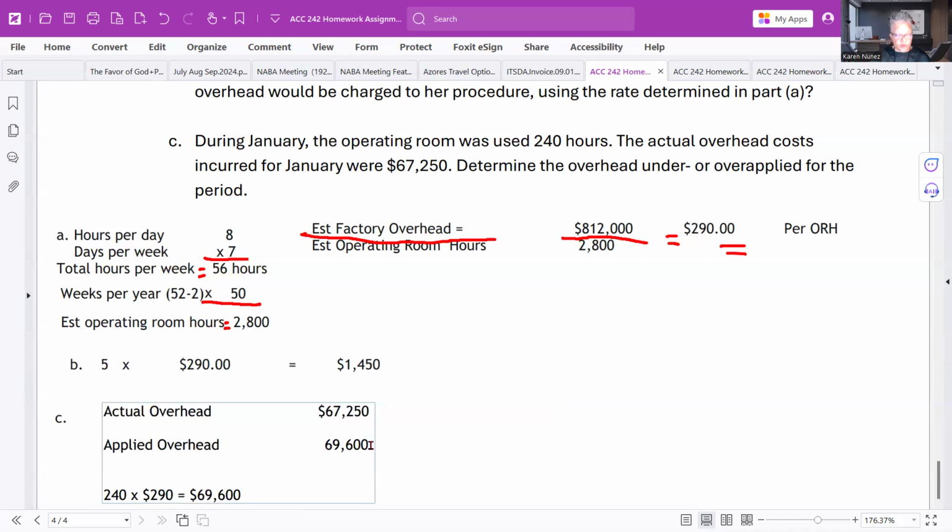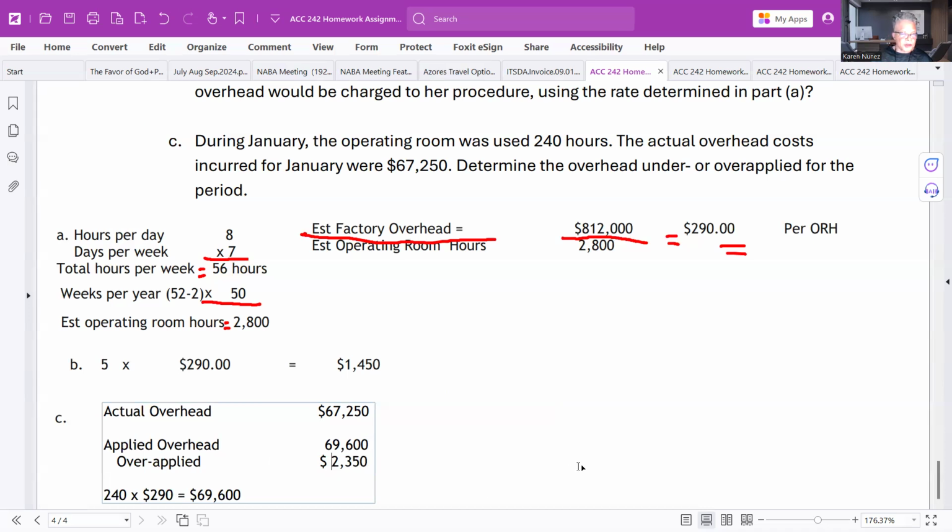We are over applied. We are over applied by $2,350.